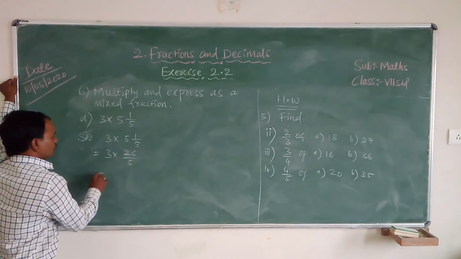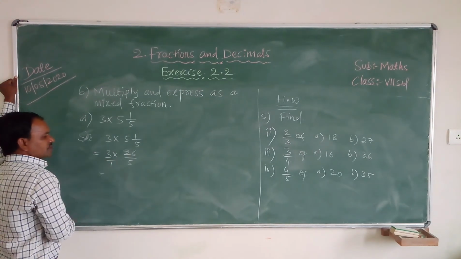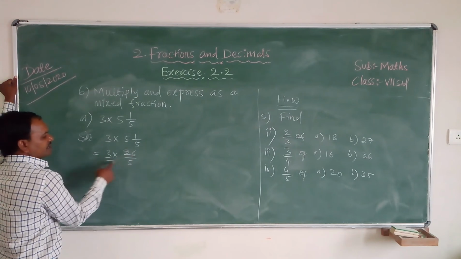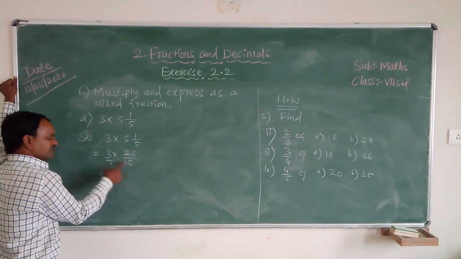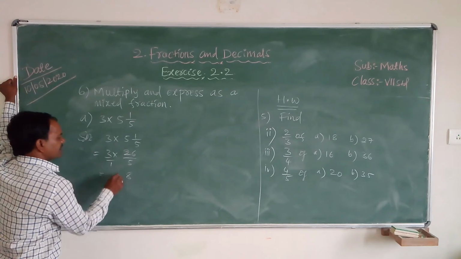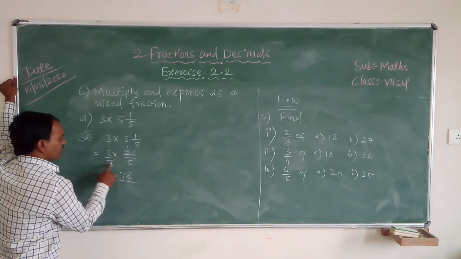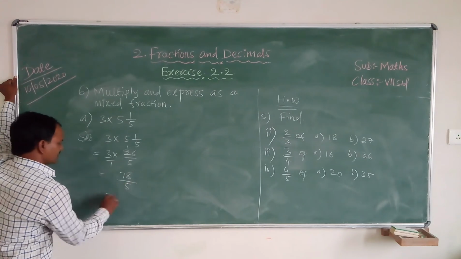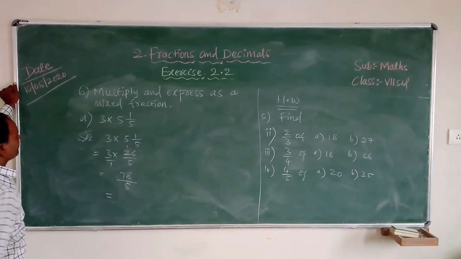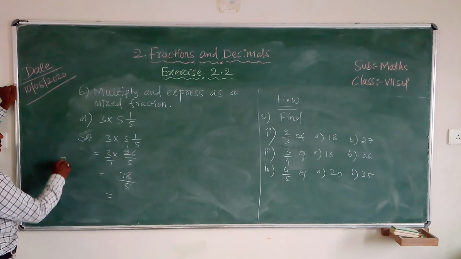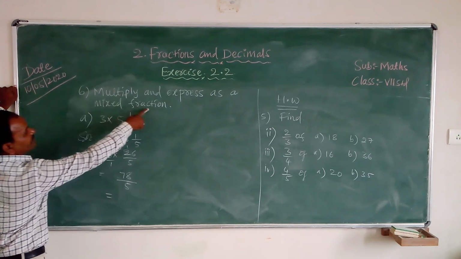So whatever the denominator is 1. Numerator multiplication, denominator multiplication. 3 6s are 18, carry 1. 3 2s are 6, 6 plus 1, 7. Divided by 1 5s are 5. So it equals 78 by 5. Now you have to convert it into a mixed fraction.